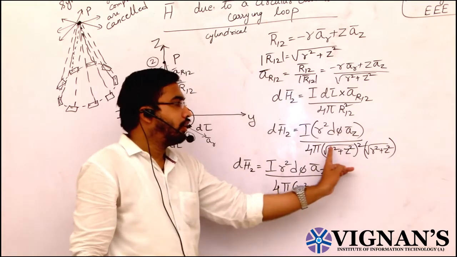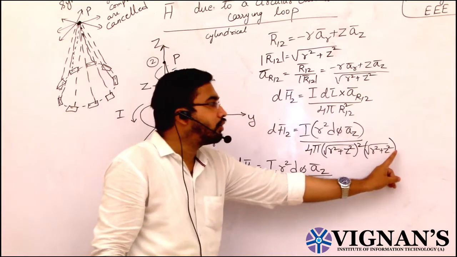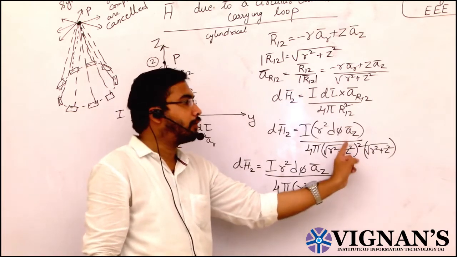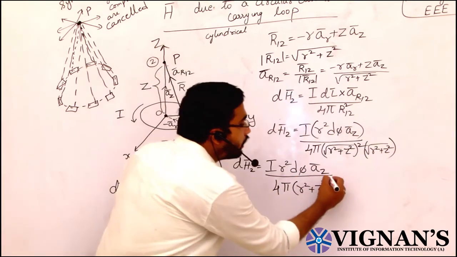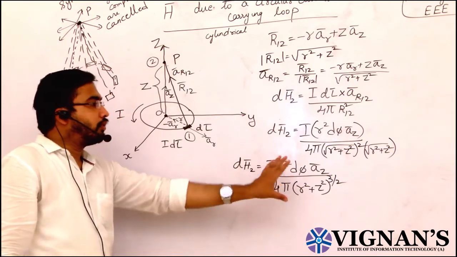See here root and square will be cancelled, that means to the power of 1, and here to the power of 1 by 2. If bases are equal, powers will be added. 1 plus 1 by 2 is equal to 3 by 2. Now up to here it is okay.